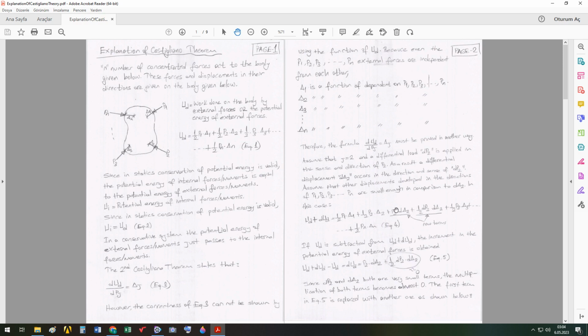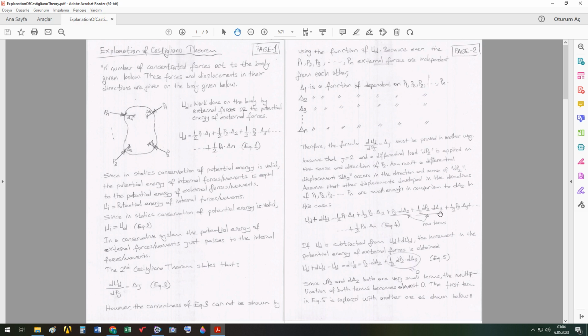This was here, P2 was here, but its starting value and the final value are the same. Both of them are P2. So the average value is P2. It's again static, but was not increased from 0 to P2. This time it's kept constant. So the constant load is multiplied with the new differential displacement. Okay.